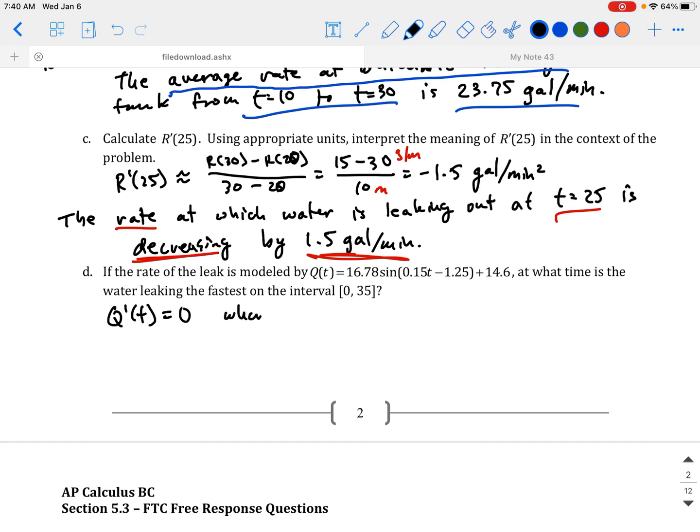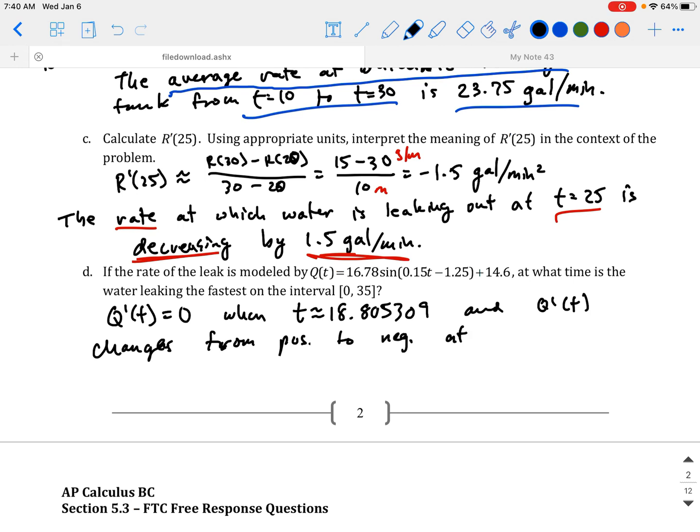It looks like when t is 18.805309, so 18.805. And Q prime of t changes from positive to negative at t equals 18.805. And that is minutes.